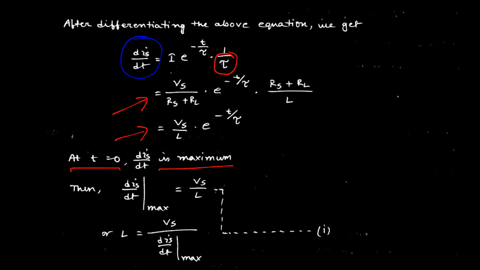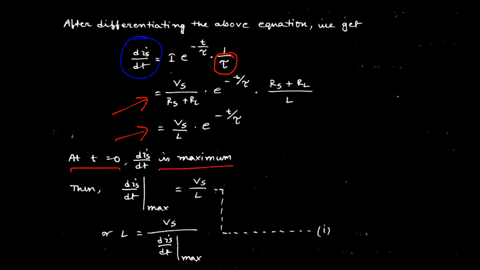Then the maximum value of di/dt should be equal to Vs by L. As t equal to 0, e to the power 0 gives us 1.